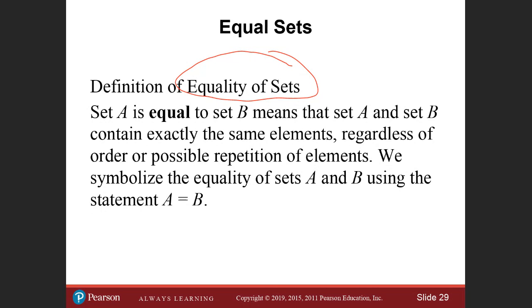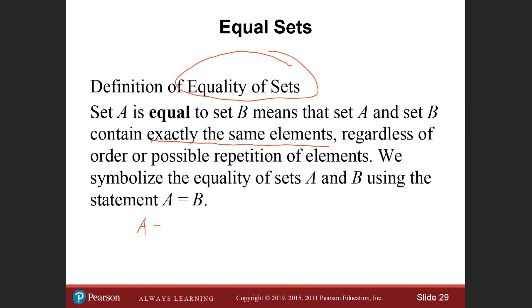Okay, so note that it should be exactly the same elements. That would be the requirement to become equal sets. So a while ago, when you said equivalent, it doesn't have to have the same exact elements on the two sets.